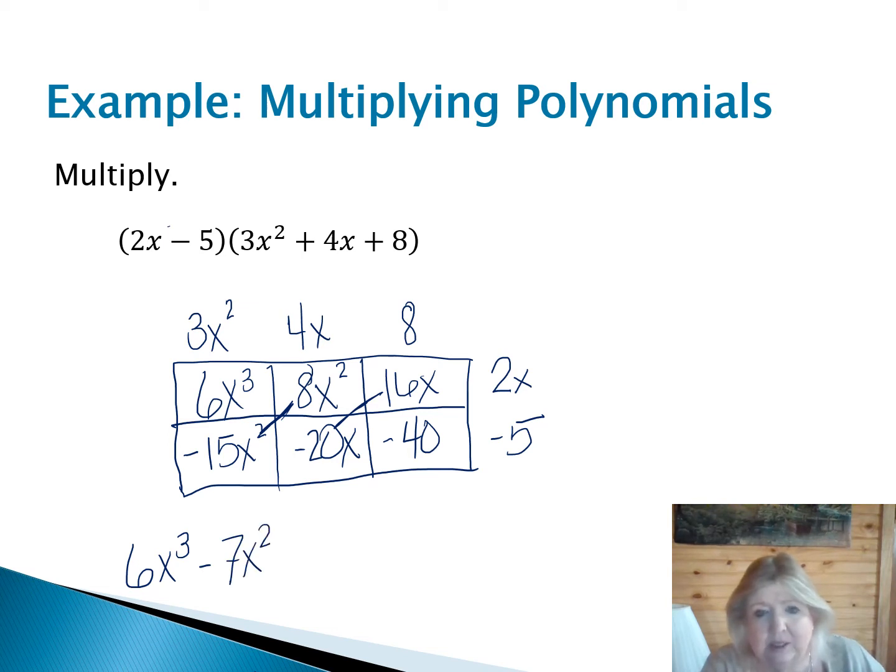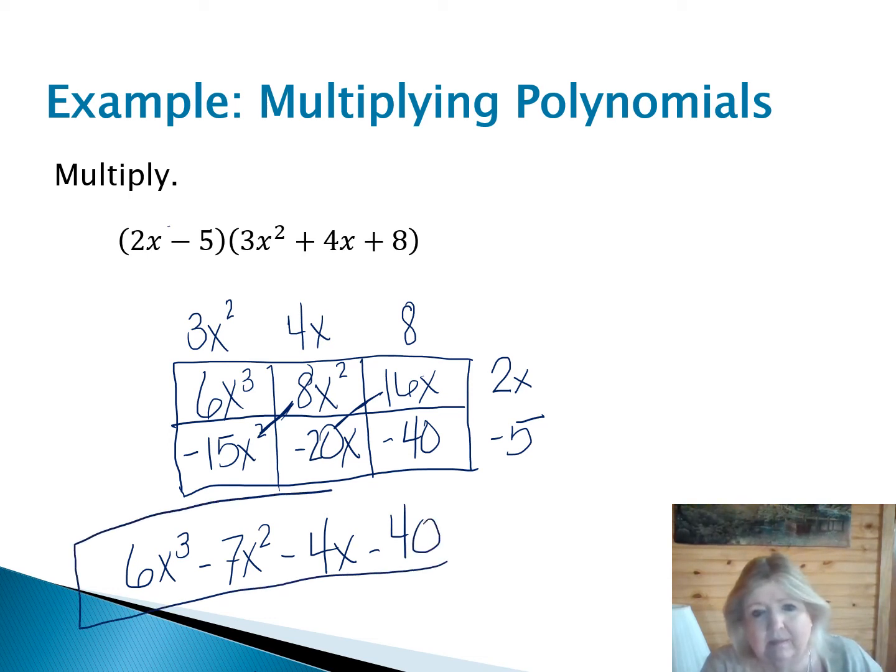Negative 20x plus 16x is negative 4x. And negative 40 doesn't have a like term, so I just bring it down. No messy rainbows, and no way I can skip a term and not see it because an empty box really jumps out at you.